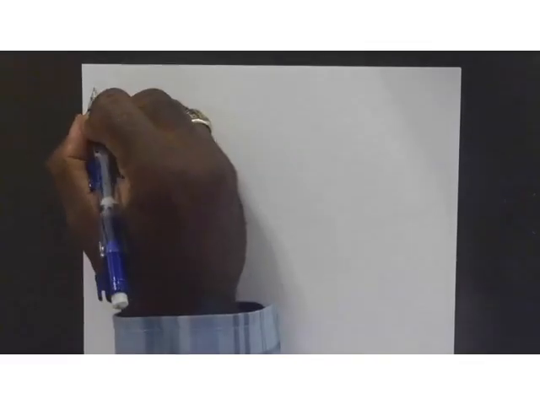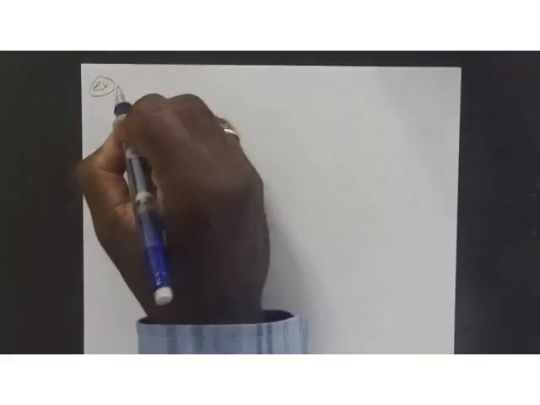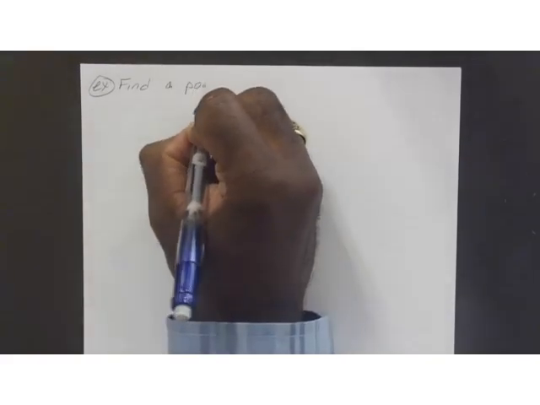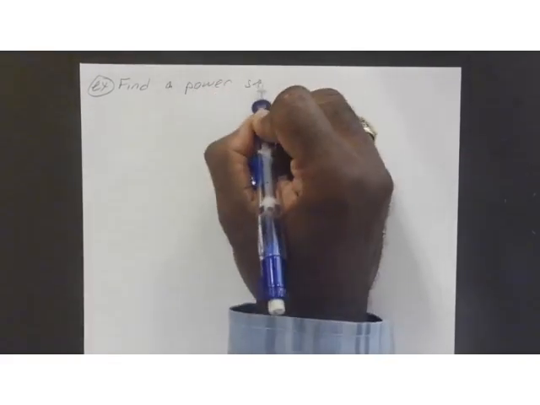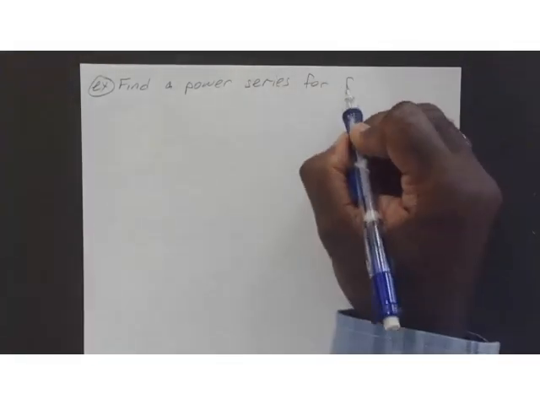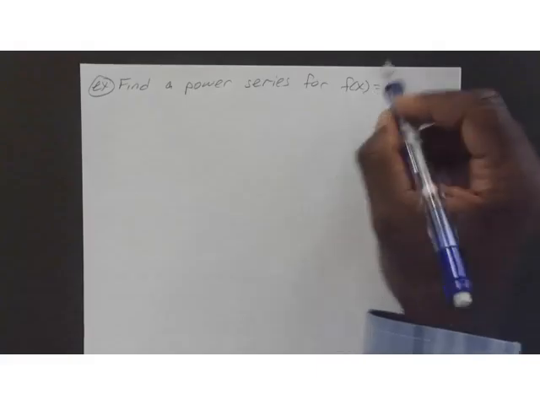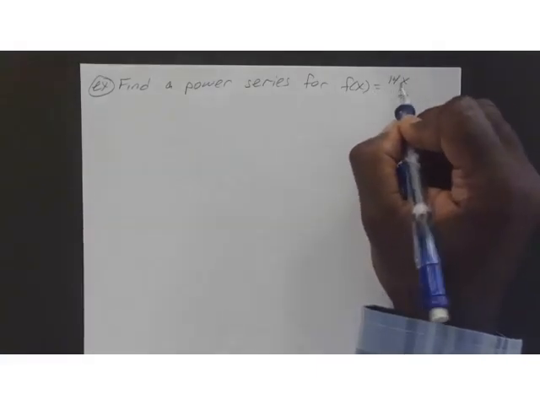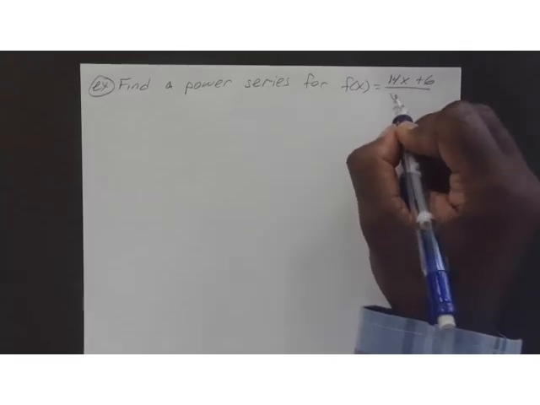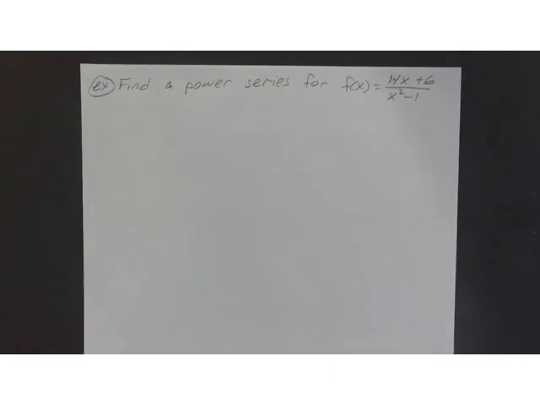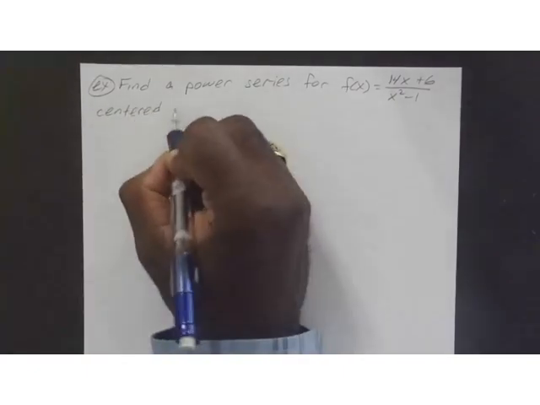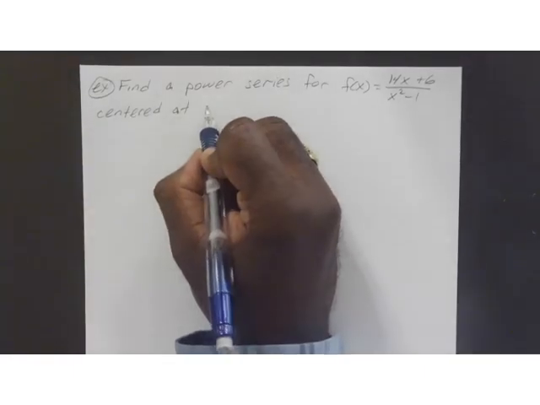Okay, now with this example, let's say we wanted to find a power series for f of x is equal to 14x plus 6 divided by x squared minus 1, centered at 0.